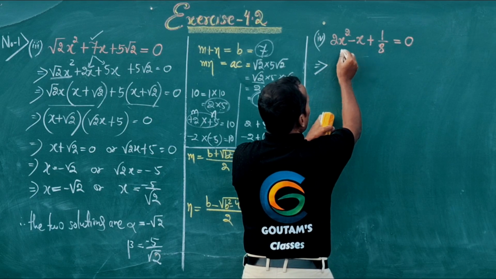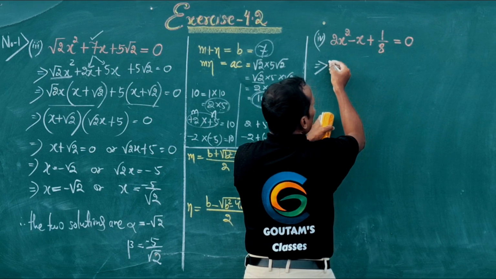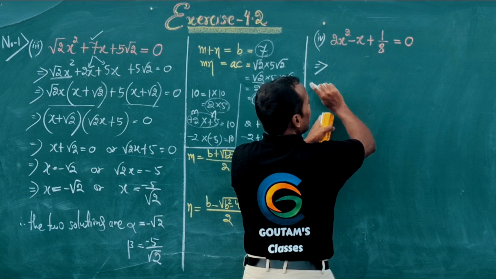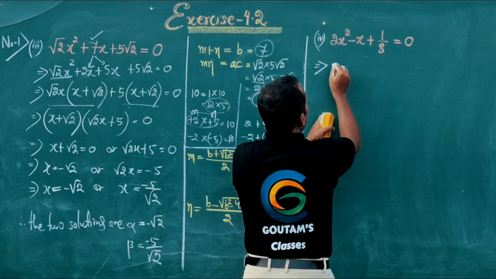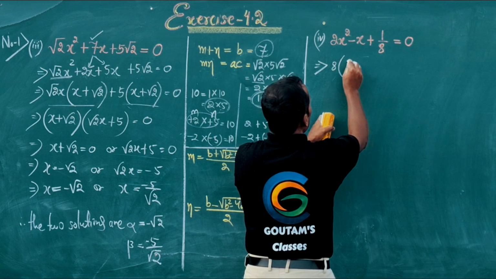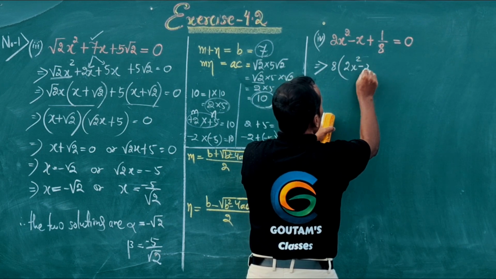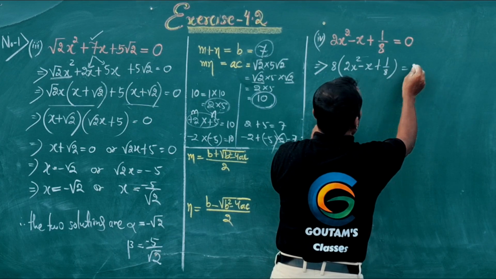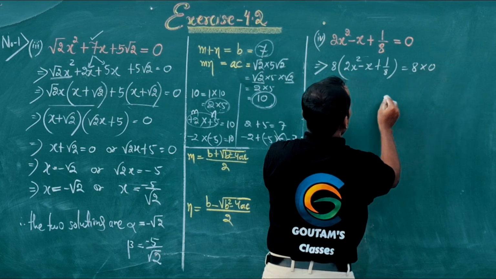So 8 multiplied to the left hand side means 8 multiplied to every term of the left hand side. So 8 times 2x square minus x plus 1 by 8. I multiplied 8 on the left side and 8 on the right side.